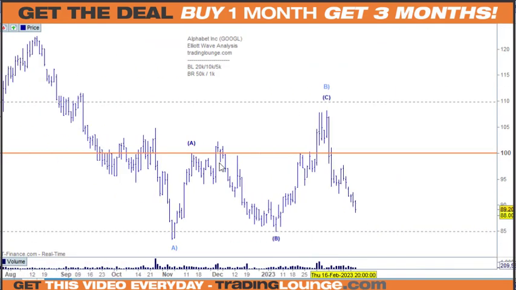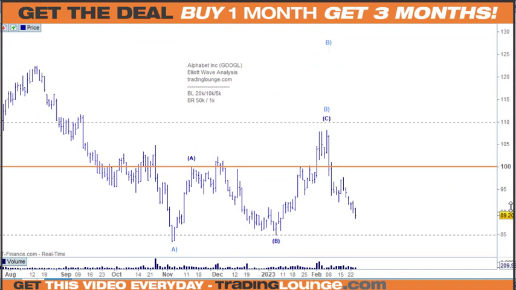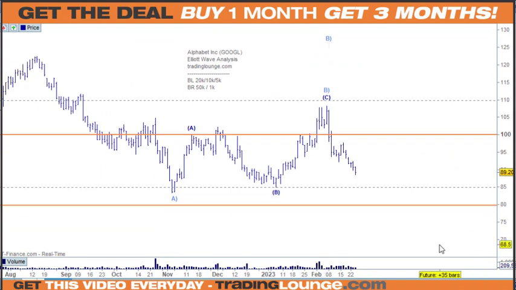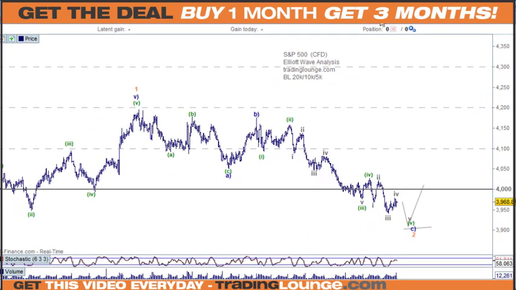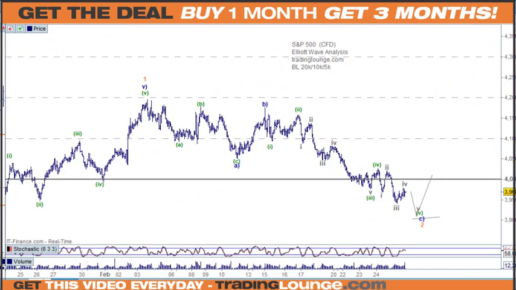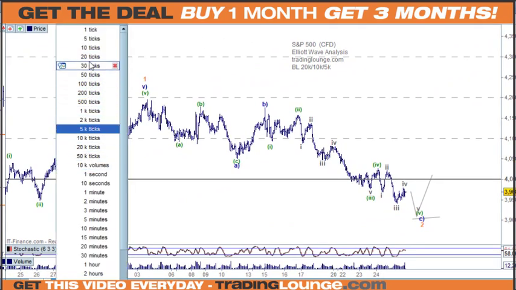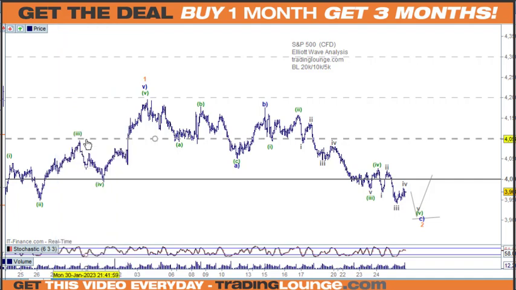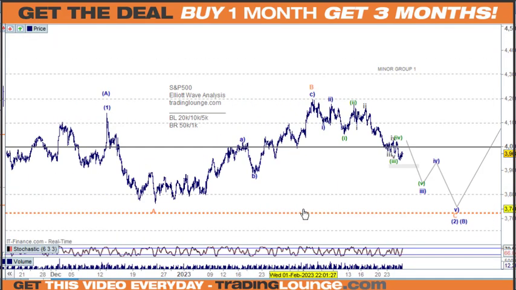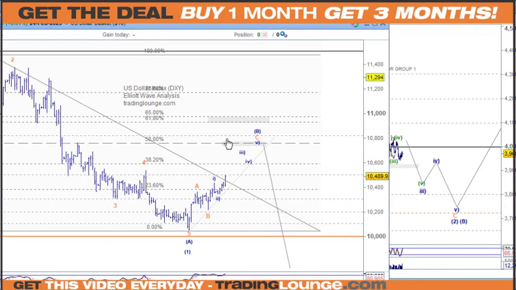Looking at this as an ABC pattern, it works out quite nicely here. It could certainly make a new low here and still not disrupt the rest of the market, so to speak. Especially if the S&P 500, if we go back to our alternative count on our 10K here, that takes us down in a C wave in line with the US dollar pushing to the upside.